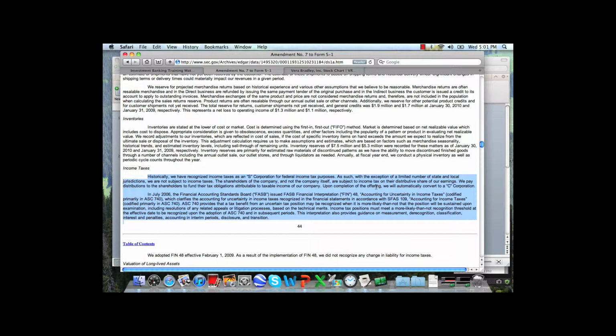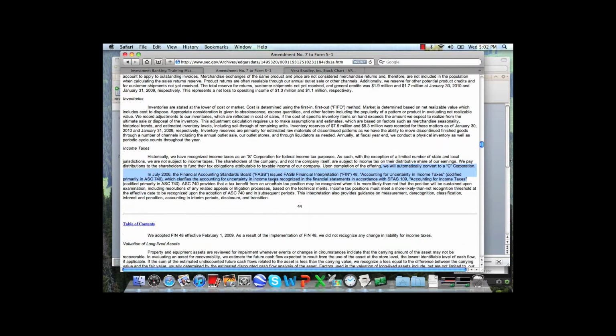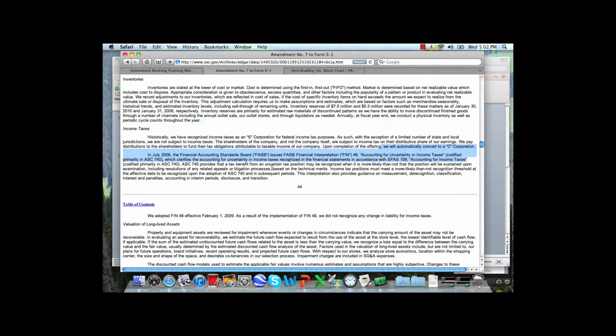It will automatically convert to a C Corp, they note, which is what we think of as the more typical form of corporation. So a C Corp has taxation at the corporate level, and then if it does distribute dividends to shareholders, those are taxed again. But that's going to play into effect in the financials when we look at those.